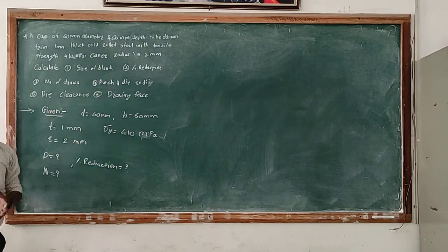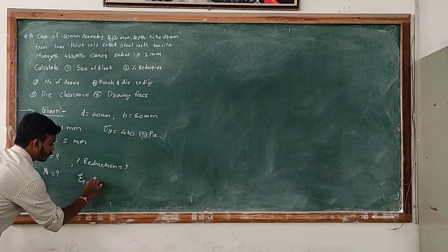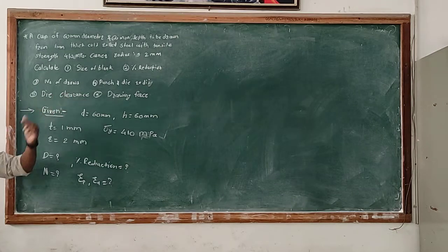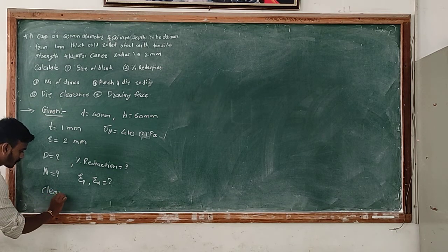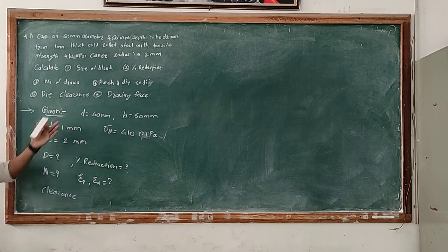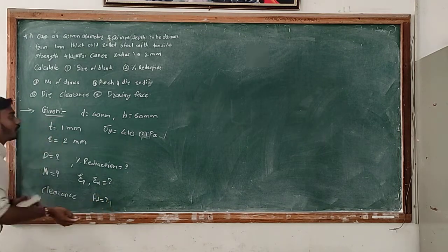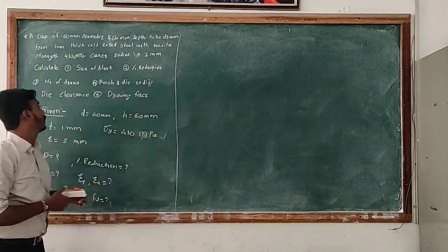Next is punch and die radius, meaning small r of the punch and small r of the die. Then the die clearance. And next is the drawing force, that is F D. We have to calculate all these things, so we will start solving this numerical.